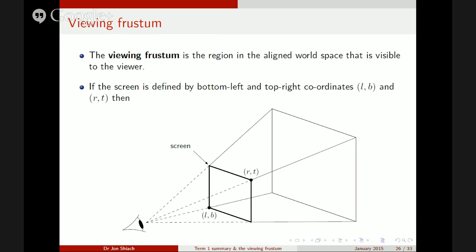Anything outside of this viewing frustum is ignored. This viewing frustum is defined by the bottom left, top right coordinates of your screen. Anything in this coney, squarey shape is included in our virtual world from here on in.